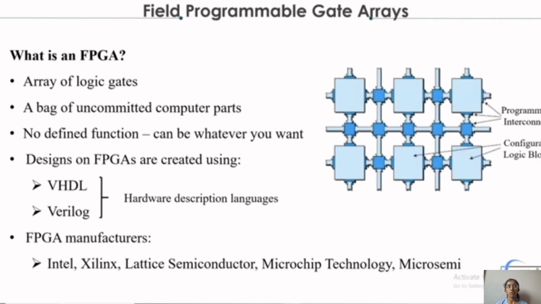What is an FPGA at first? An array of logic gates and a bag of uncommitted components or parts, with no defined function, so it can be whatever you have designed on the FPGA or created using it. As you are seeing, the big blocks are the programmable interconnect and the configurable logic blocks.